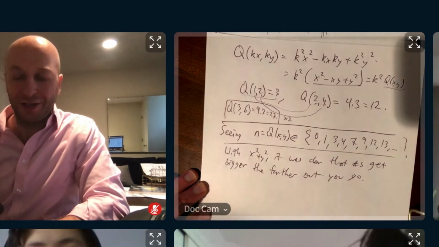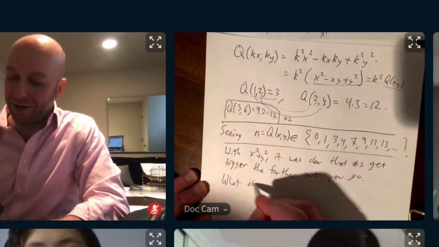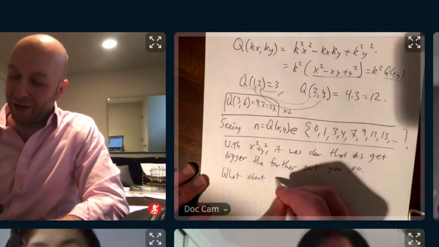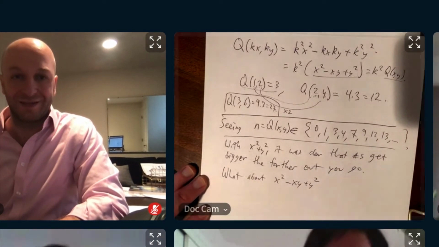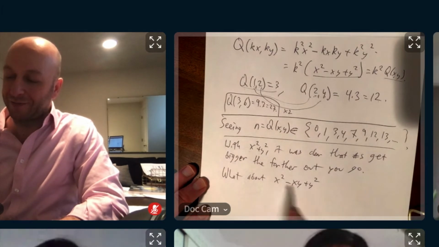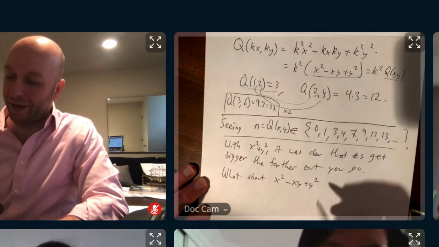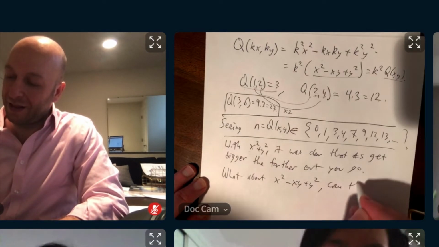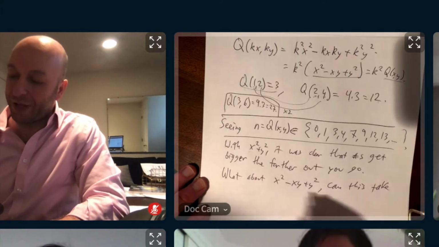How about this? What about x squared minus xy plus y squared? Well, there's a minus there. So maybe there's a way to make kind of large negative numbers out of this. What do you think? Can this take, for example, negative values?